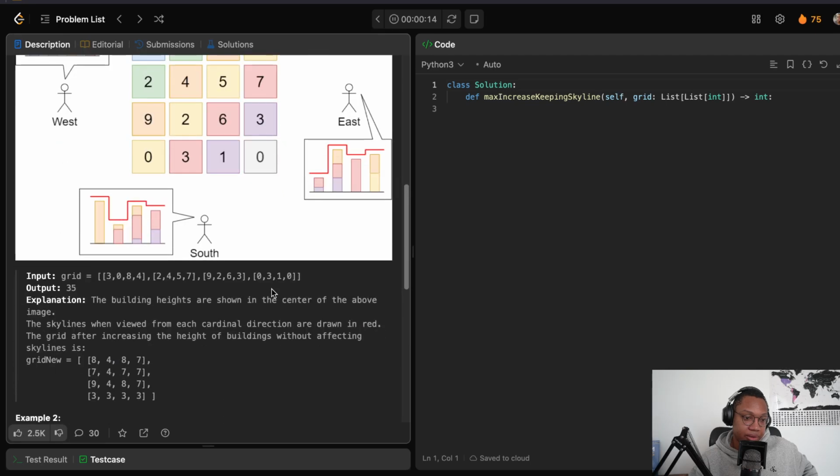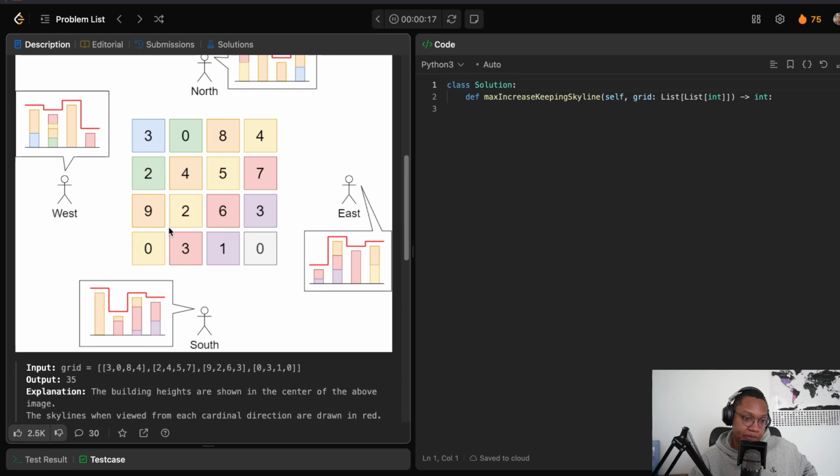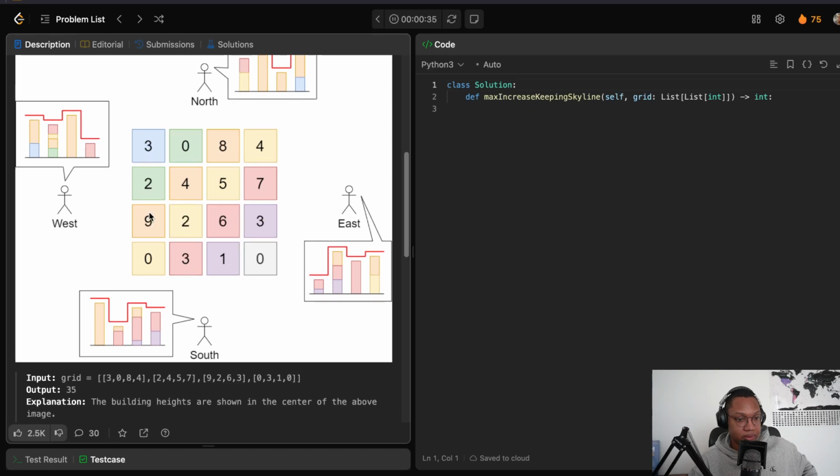Do I want a second grid where I just, or do I want to mark them? Or do I want to use a hash map that keeps track of the maximum?